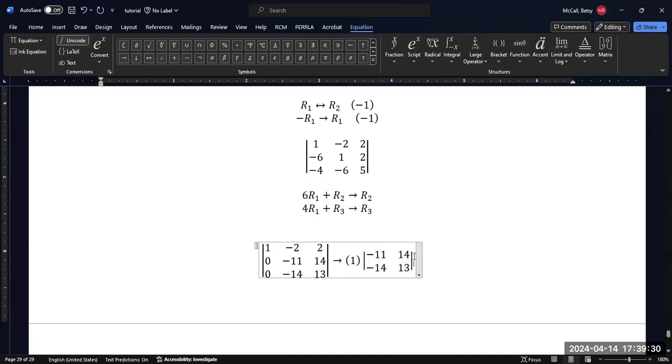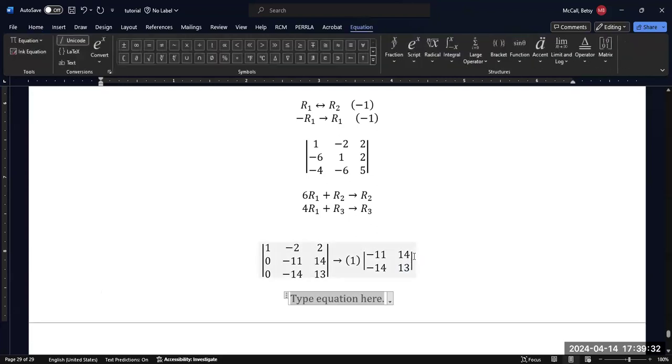And if I really want to, I can just calculate the determinant from here. Negative 11 times 13 minus negative 14 times 14. And assuming I haven't made any arithmetic mistakes, negative 11 times 13 plus 14 times 14 gives me 53.